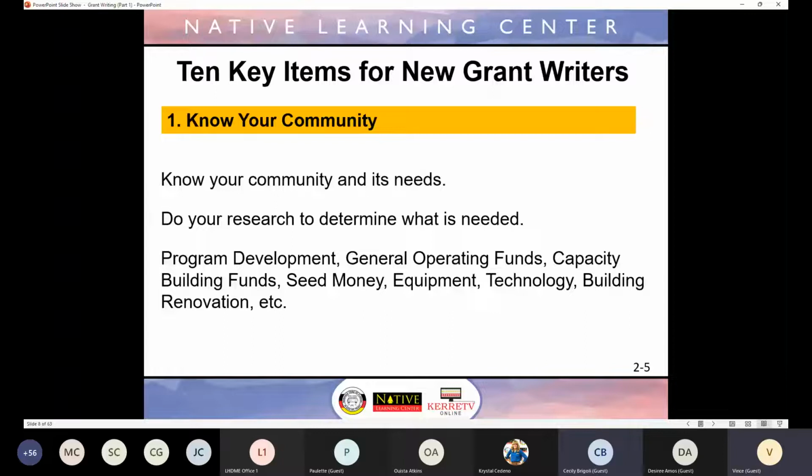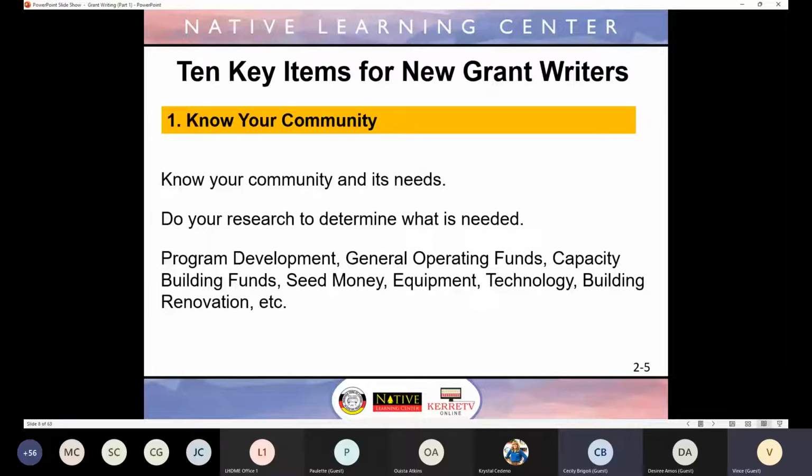And the more you can solicit information from them through the multimedia approach that I was alluding to, the better off you're going to be. Know your community, know its needs, do your research to the best of your ability to determine what that need is.